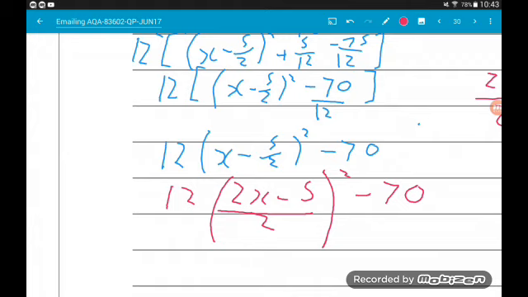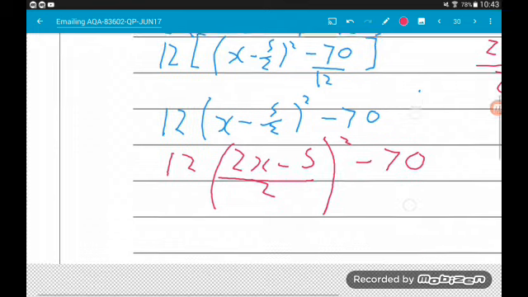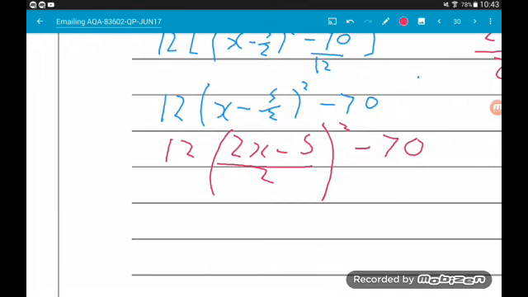Now, when you square a fraction, you square the top and square the bottom. So we could actually say this is 12 lots of 2x minus 5 squared over 2 squared, which is over 4, like that.